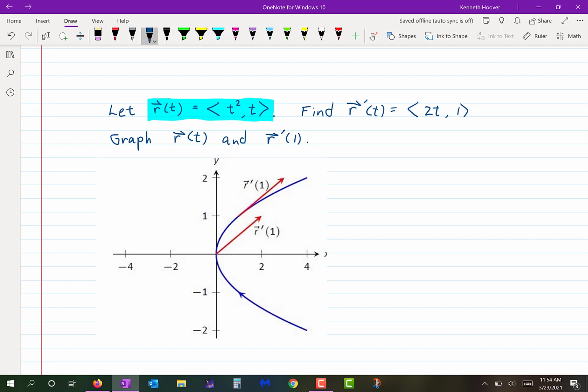I didn't write it down, did I? So let's write it down. R prime of 1 would equal the vector 2, 1, correct? So you can draw that here. There's r prime of 1. It's the vector with components 2 and 1. But it makes more sense if we draw it here. I don't like the way that changes the color, so let me use yellow instead.